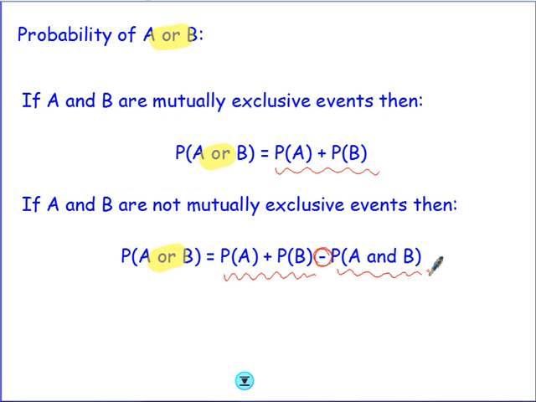And the easiest way to explain the ors is when we get to an example, which will be example 5. So we're going to look at example 4 first. These are your then problems. So then and mean multiply, or means add. So let's take a look at some examples.